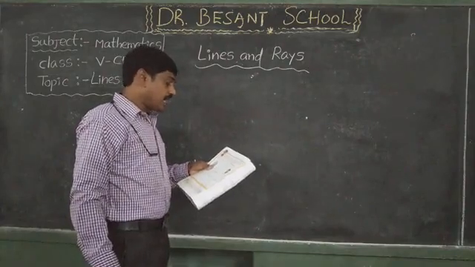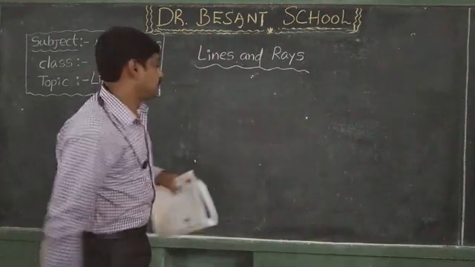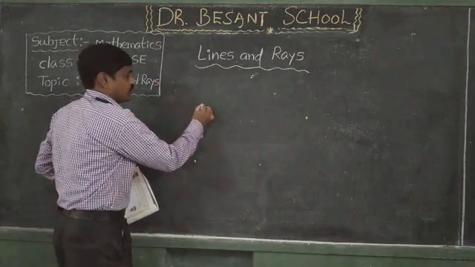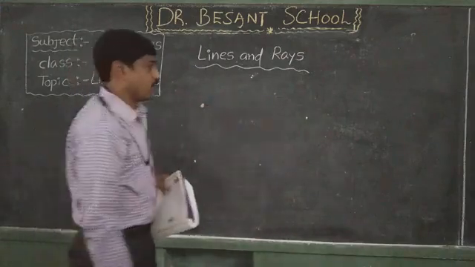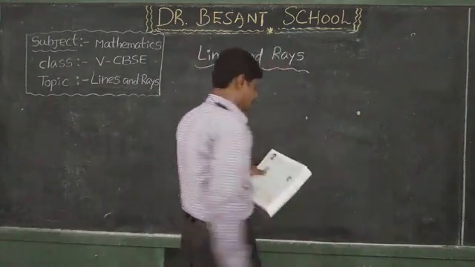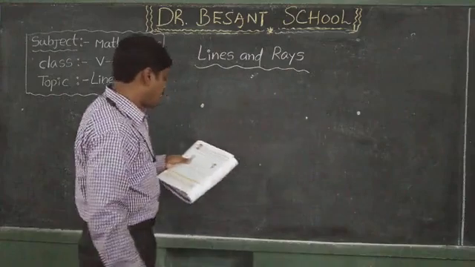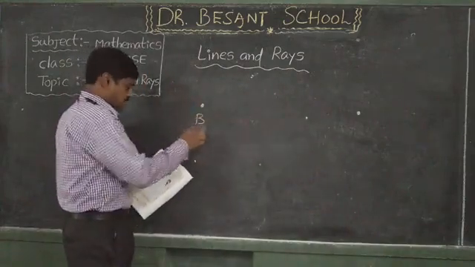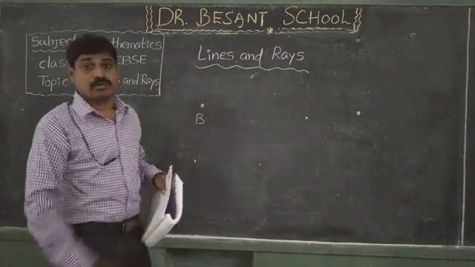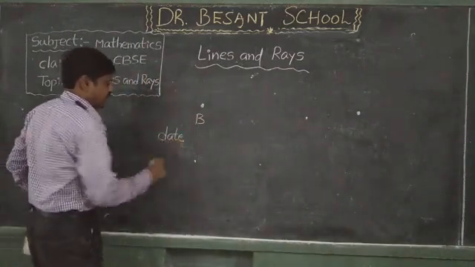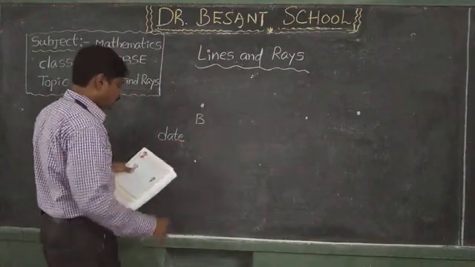This is one point, and this is another point. Point B indicates the date you were born.